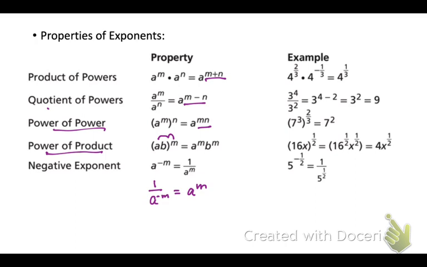Now, I want to point out right here on this one, this power distributed over multiplication, yes? Or division. It also could work if I had a over b to the m, it would go to both.